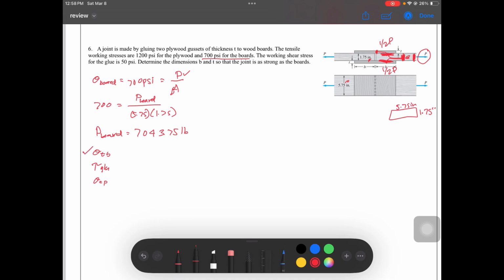So, let's go sa shearing ng glue. So, shearing ng glue is equal to force over area. So, ano yung force? Since dalawa ang plane natin, dalawa yung plywood, top and bottom, so, shear plane is 2. So, 1/2 P. So, 0.5 ng P, wherein ang gagamitin nating P is ito, kasi nga gusto niya, kung ano yung strength ng board, siyang strength ng iba pang part ng system natin.